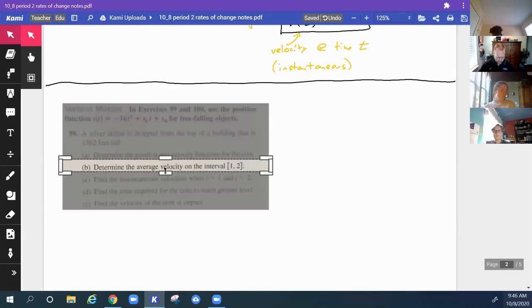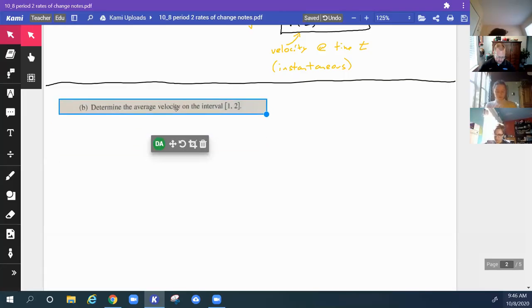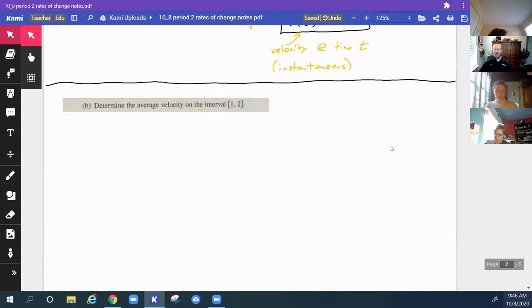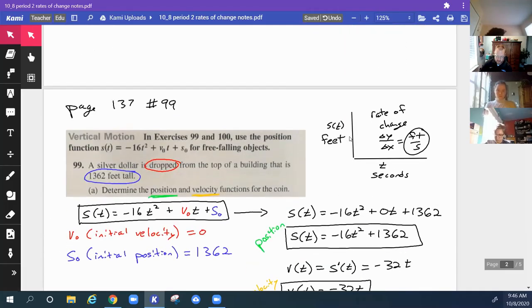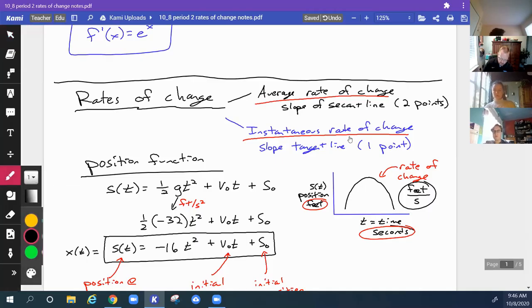I want to determine the average velocity on that interval. This is part B, determine the average velocity on the interval. Now remember what average velocity is. Average velocity, as we stated earlier up here, was the slope of the secant line. I have 2 points, so if I'm going through, I need 2 points.